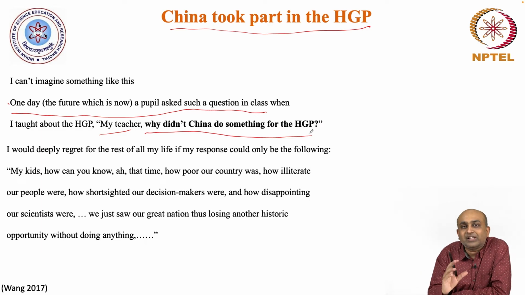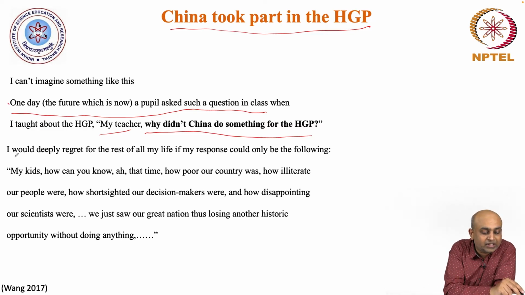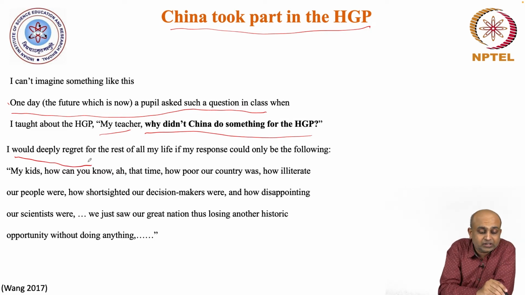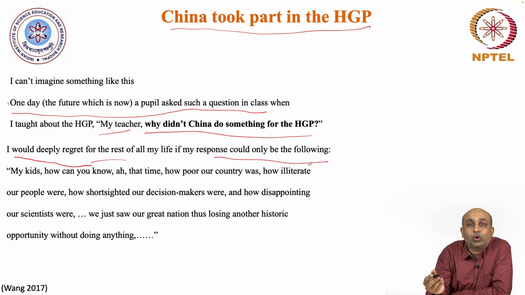Again the reply is complex. What the teacher is saying is, he would have deeply regretted it if the answer could only have been the following. Of course this was not the case, because China took part in the Human Genome Project and did its part.